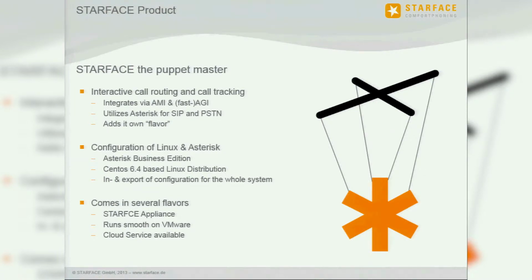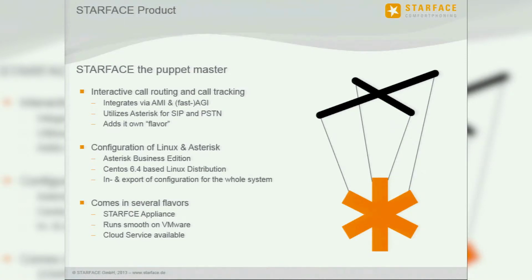And a really nice selling point about it is that you can switch this configuration between all these scenarios. So you can start up as a cloud service with just 4 seats, and then as business expands, you can switch either to a PBX or even bigger to this VMware option with the same configuration. So you never have to do a configuration twice. And you can easily switch back and forth between those scenarios. So Starface, the puppet master.